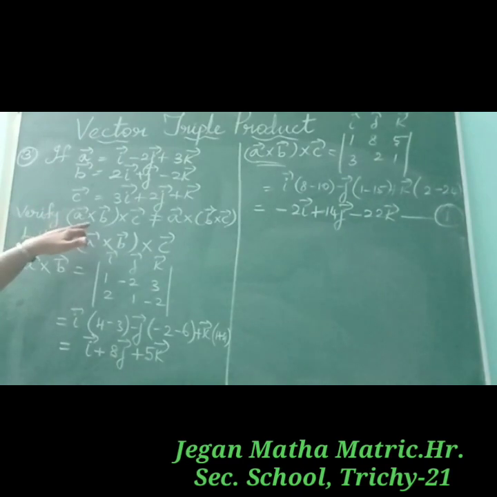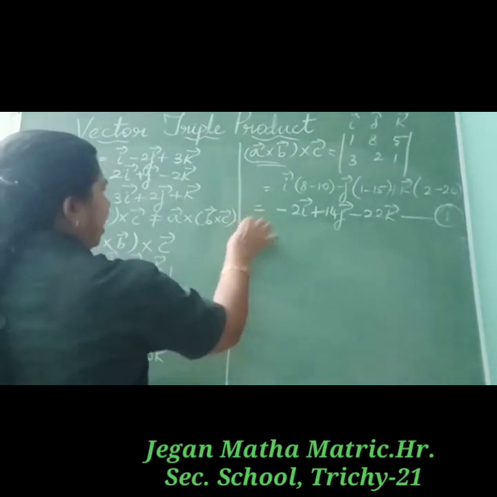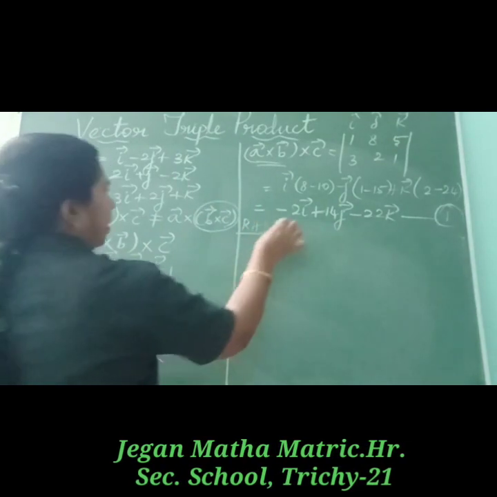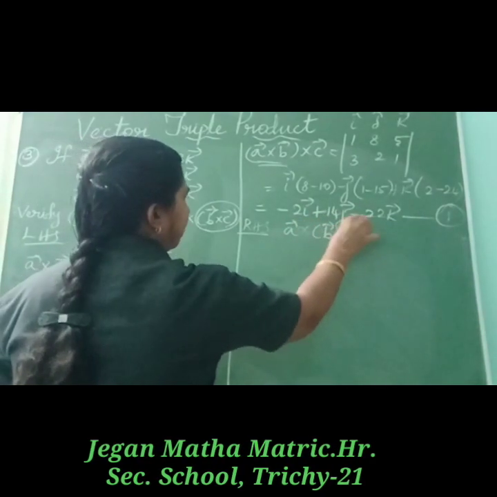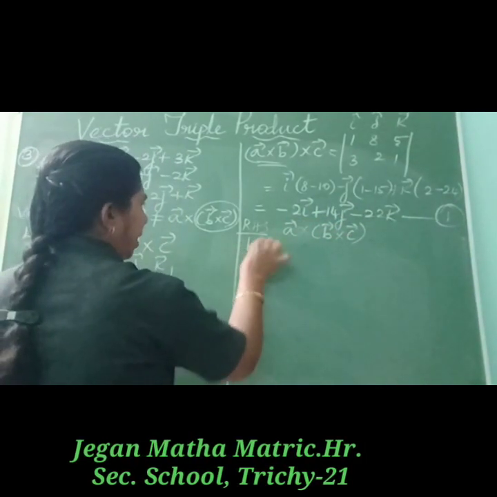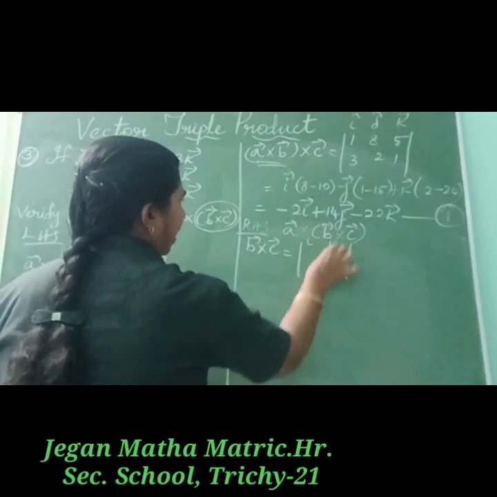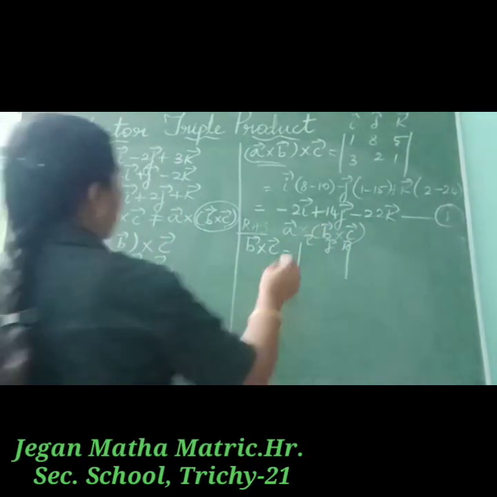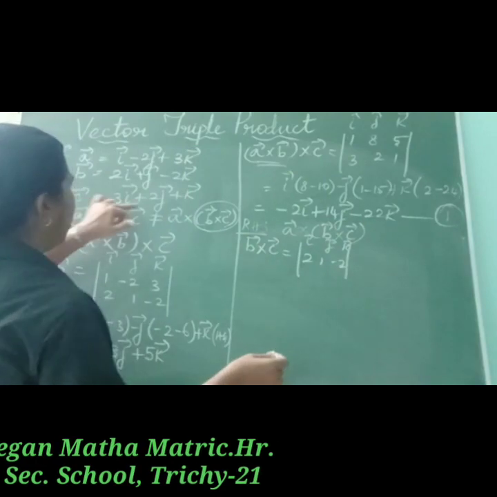The left side, inside the bracket, we are having A cross B. Right hand side, first you have to find B cross C, for A cross (B cross C). So B cross C equals I, J, K. The coefficients of B: 2, 1, minus 2. C is equal to 3, 2, 1.